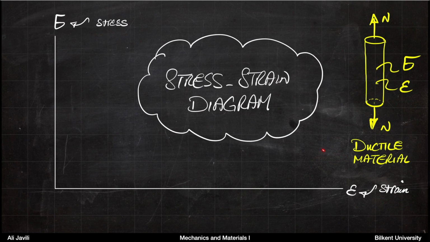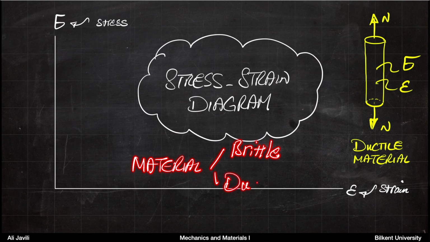Also pay attention that we are talking about a particular class of materials that we call ductile materials. Usually the materials that we deal with in, let's say, mechanics and materials 1, are either brittle, so you talk about brittle materials, or you talk about ductile materials.